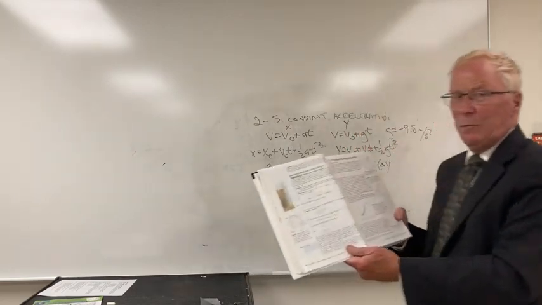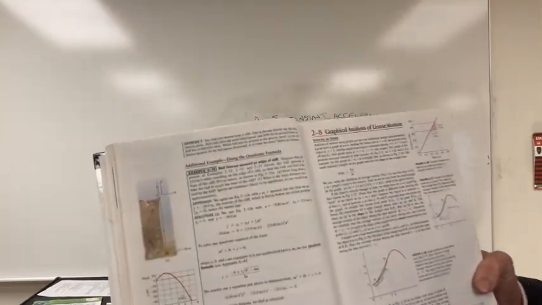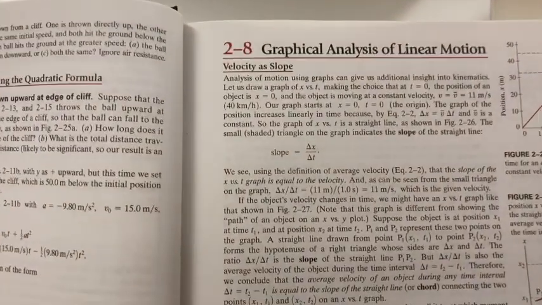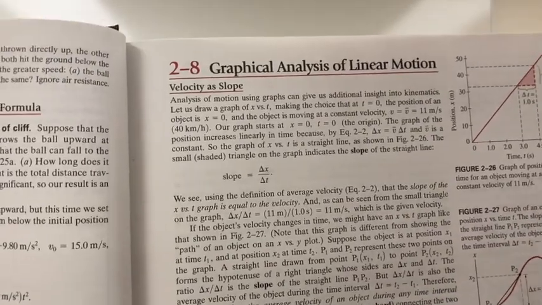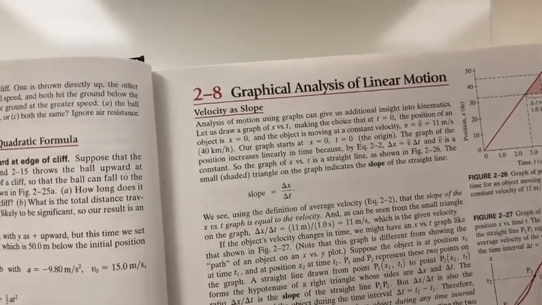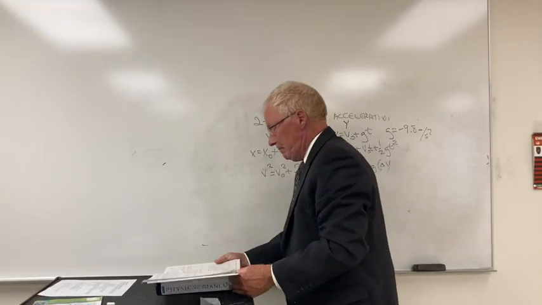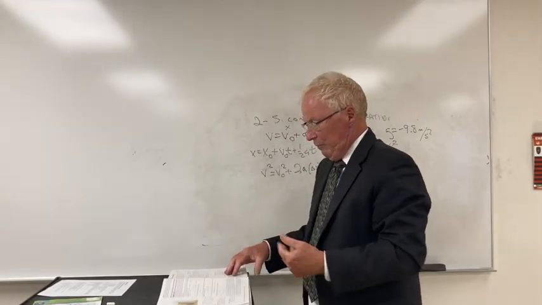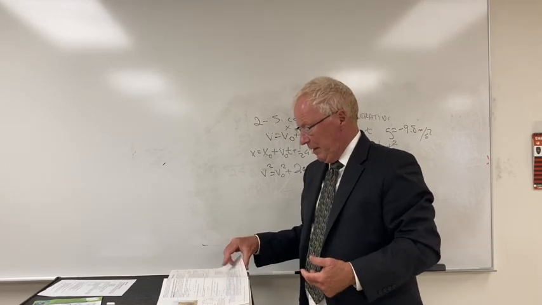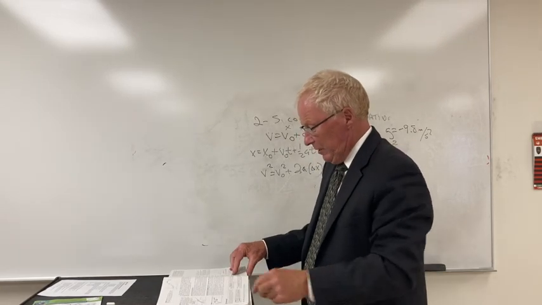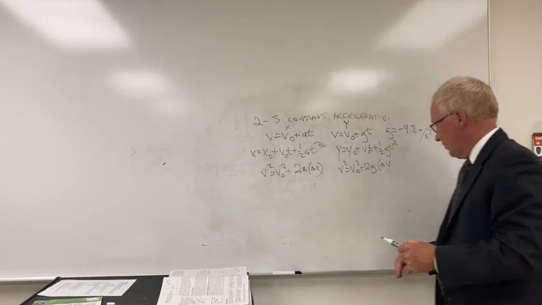The last thing is the slope of a line. It is from the last section, and if you want to get fancy about it, that's how you find it. So that's chapter 2.